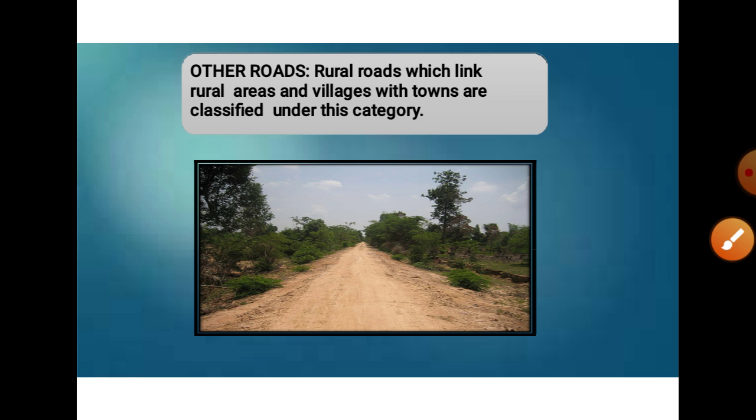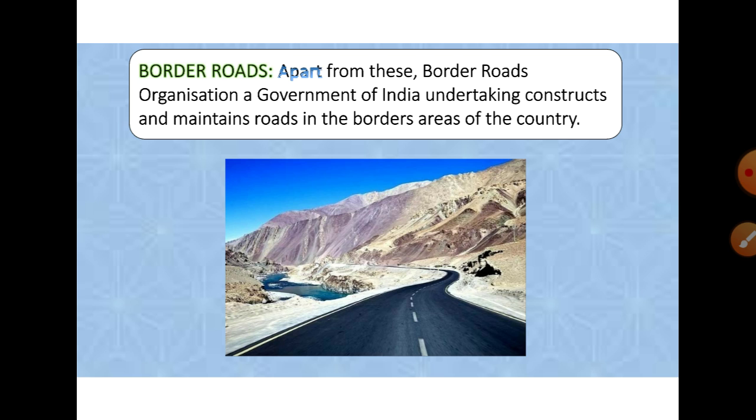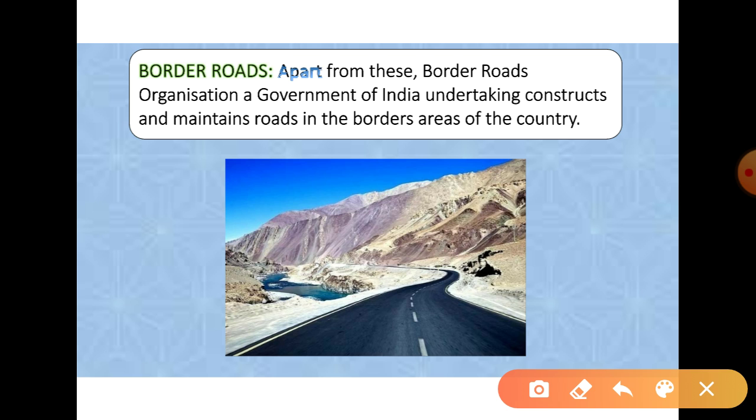Next, border roads. These play a very important role from the strategic development aspect. Apart from the national highways, super highways and others, the Border Roads Organisation, a government of India undertaking, constructs and maintains roads in the border areas of the country.